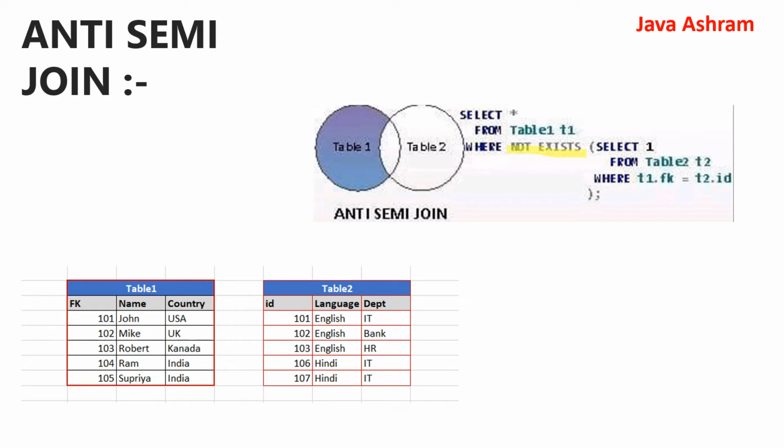So select star from table 1 where not exists in table 2. Only the table 1 data which is not present in table 2 should give you the result of anti semi join. So this is the query. You can find out the result. I am not explaining the result for all the queries because it will take too long. Let's move ahead.